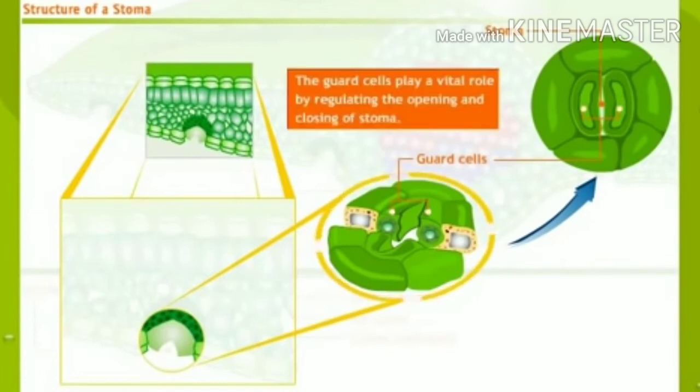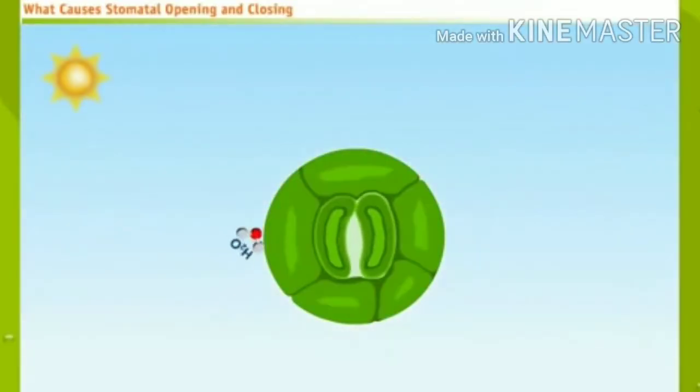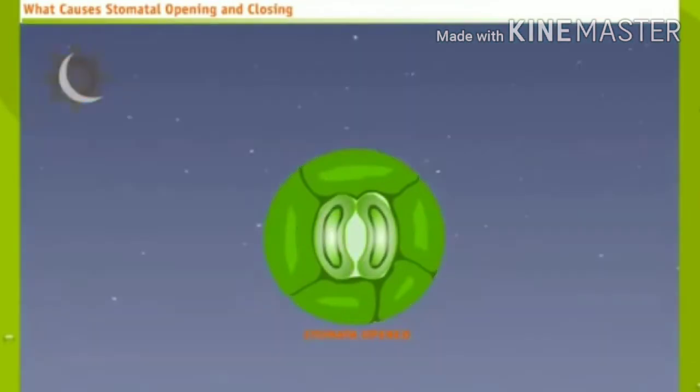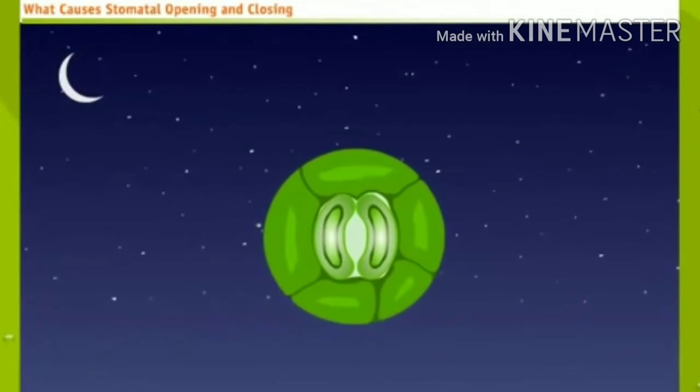Whenever water is present in these guard cells, these stomata get open, and this process mostly takes place during the day. And whenever the water gets removed from these guard cells, the stomata get closed.